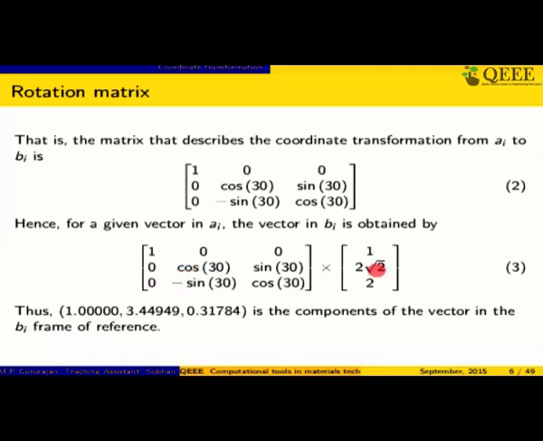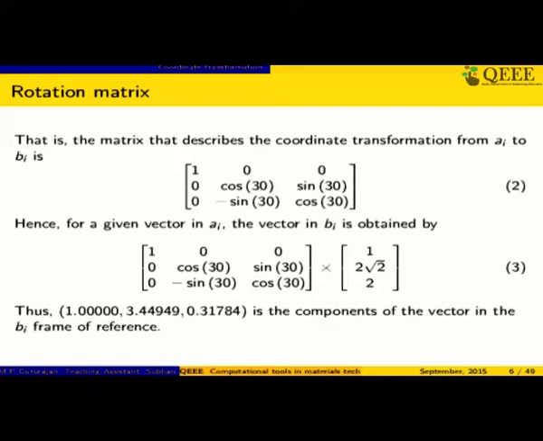Okay, in this case it becomes a 0 cos 30 times root 2 and sin 30 times 2, so that adds up to 3.449. Okay, and in the third case it is minus sin 30 times 2 root 2 plus 2 times cos 30, and that comes to 0.31. You can check these values, and confirm that these are the components of the new vector that you get when the transformation is made.